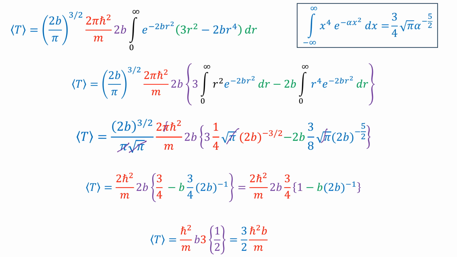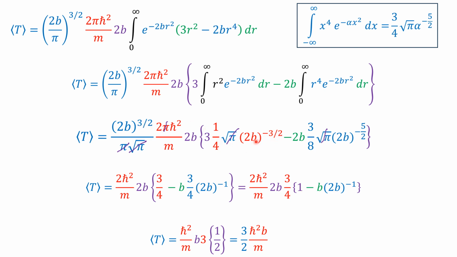Then here you have 2 h cross squared over m. In the numerator you got the terms 2 h cross squared over m into 2p. Then you bring this (2p) whole power 3 by 2 inside the bracket.